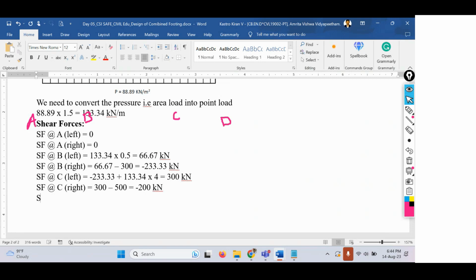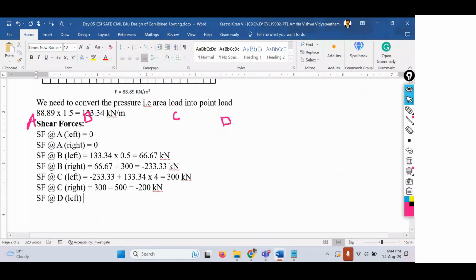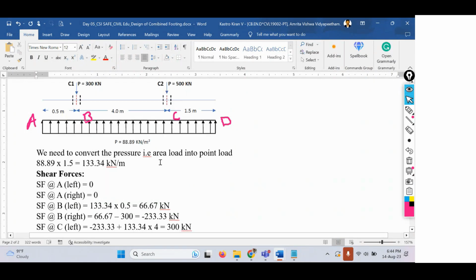Right. Now, let us find out the shear force at D along the left side. So what is the shear force at D along the left side? This is point D. So the previous load is minus 200 kilonewtons. Okay, minus 200. And what other loads are available at point D? We have the upward soil pressure, that is 133.34, which is acting at a distance of 1.5 meters.